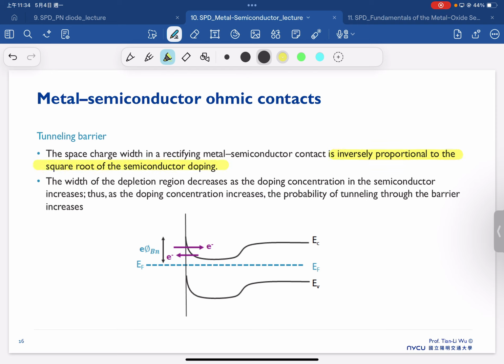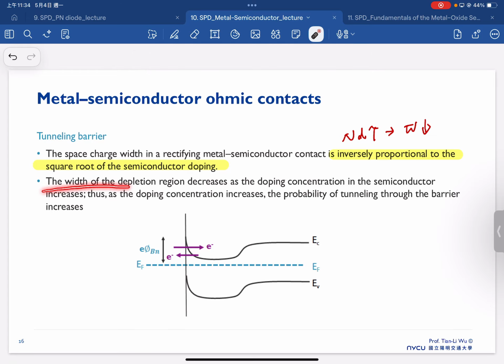So, which means as your doping concentration increases, your depletion width definitely decreases. So the width of the depletion region decreases as the doping concentration in the semiconductor increases. Therefore, as the doping concentration increases, the probability of tunneling through the barrier increases.